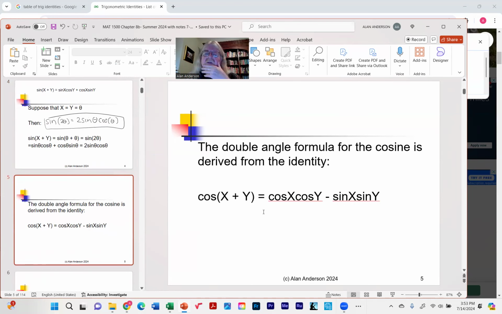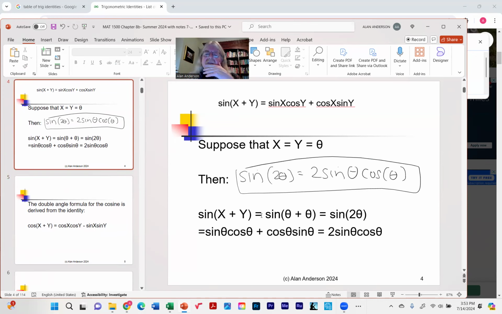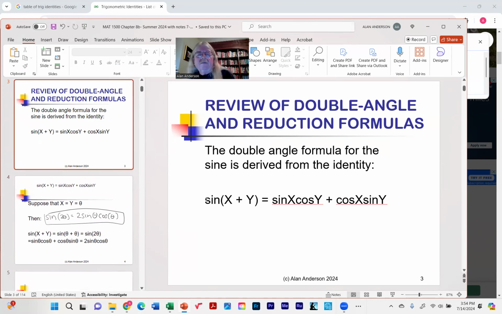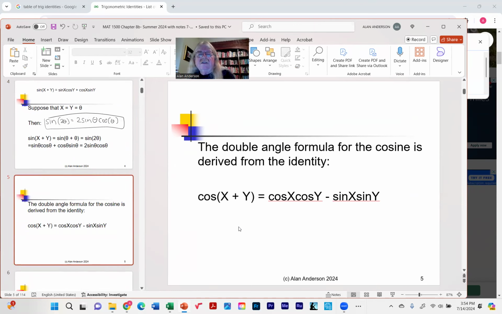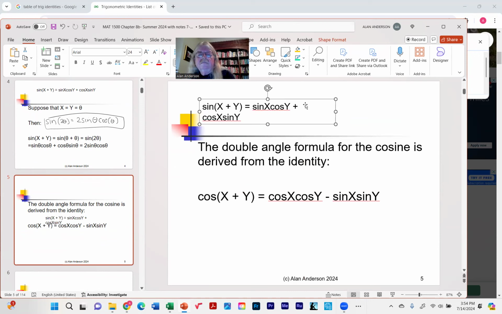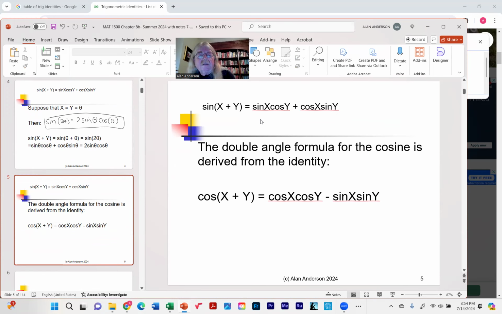Now, what about cosines? Now, sines, let's get this together so we can remind ourselves and see how they're different. All right, so this time it's cosine x cosine y minus sine x sine y.